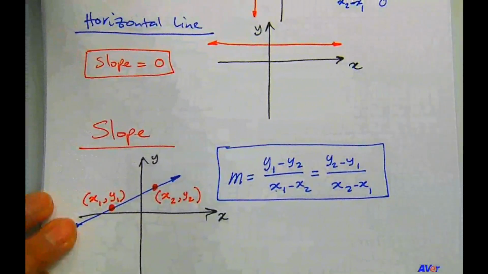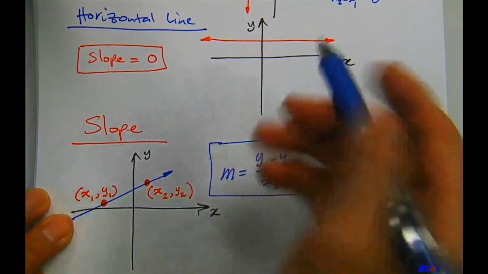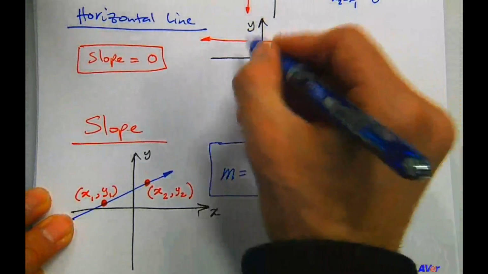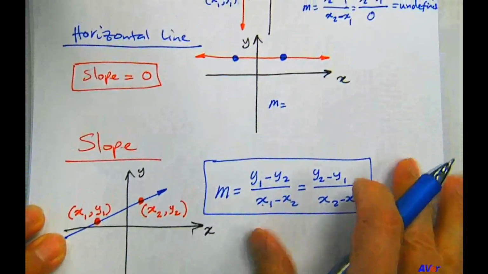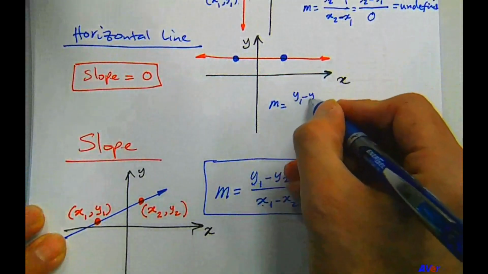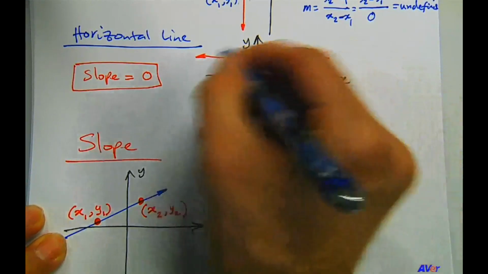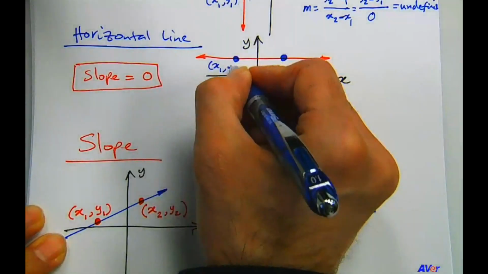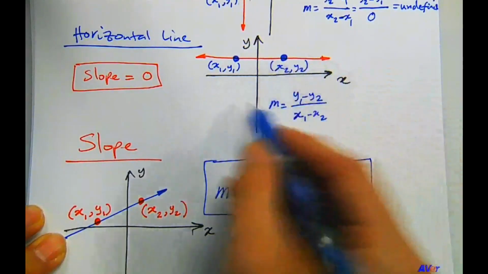For the horizontal line, why is the slope always equal to 0? Let's find out. Once again, we can pick any 2 points along this line. And this time, let's do y1 minus y2 over x1 minus x2, and I'm going to label these x1 comma y1, x2 comma y2.